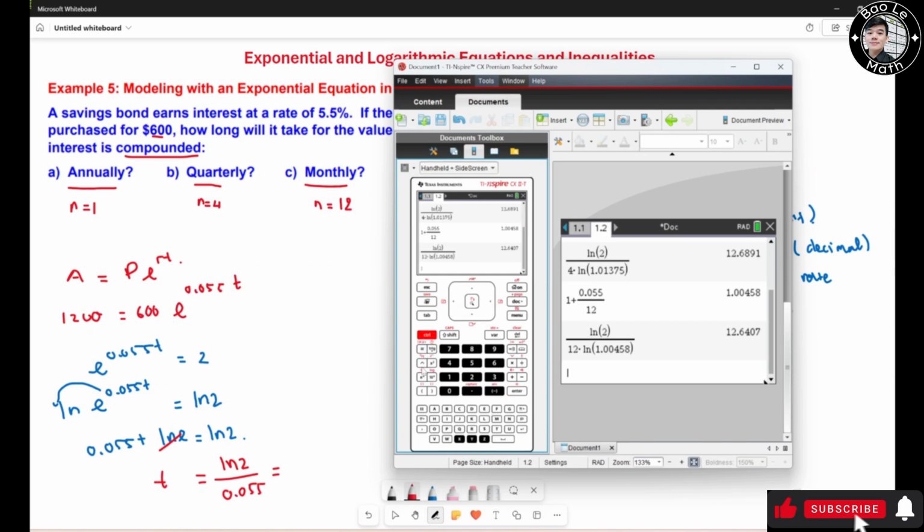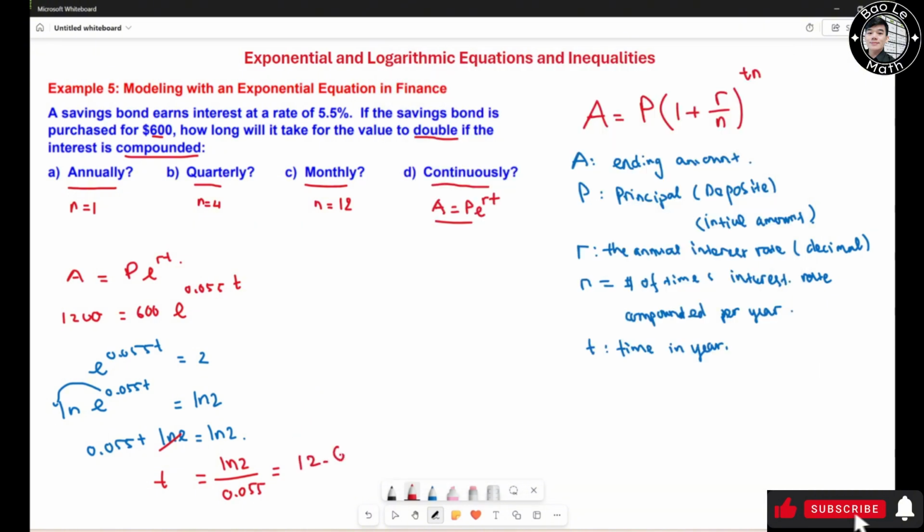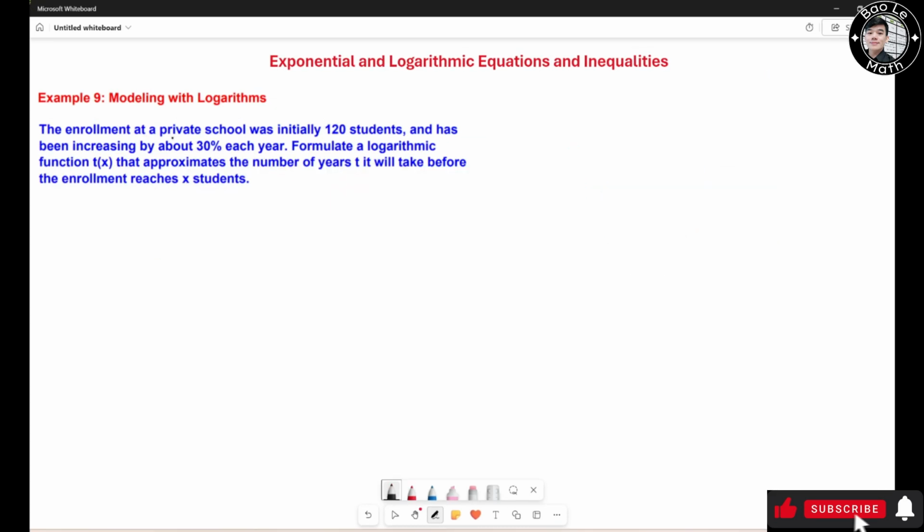Natural log of 2 divided by 0.055. Hit enter. So it's going to be 12.6 years. Now let's move on to the next example.